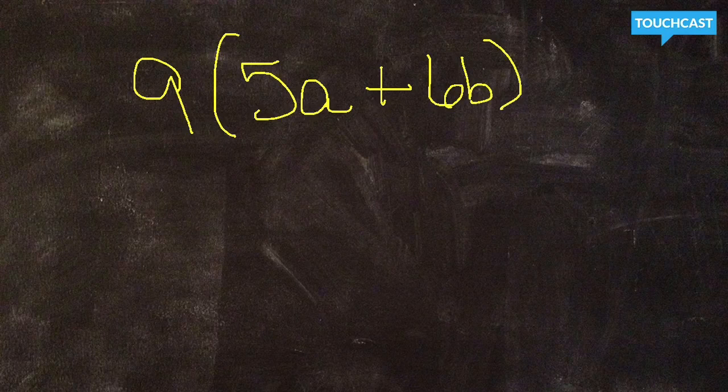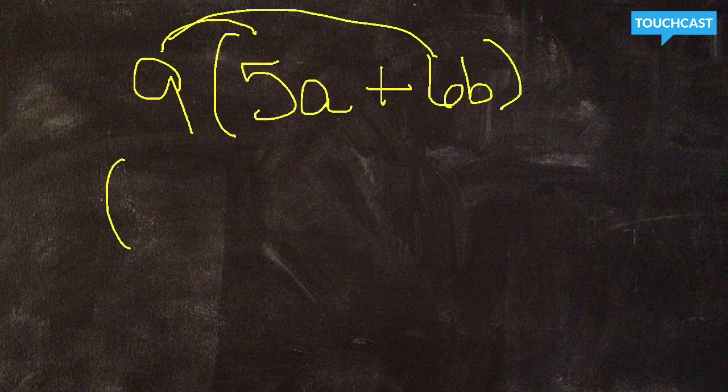You might be saying, what is the a and what is the b? Those are called variables. They are symbols that represent something that we don't know. I like to think of them as they just sort of hang out with the numbers that they're with, the 5 and the 6. You simply just need to know how to use your distributive property, and you can handle this.